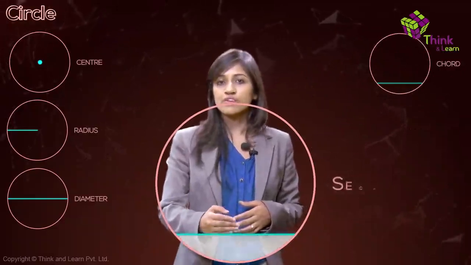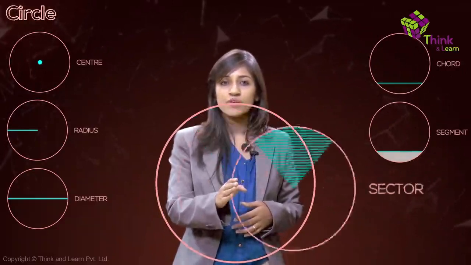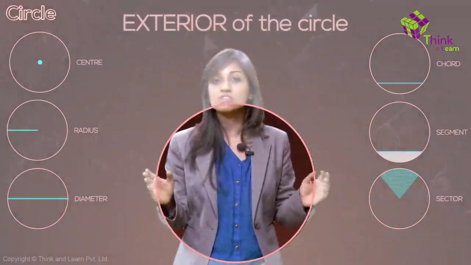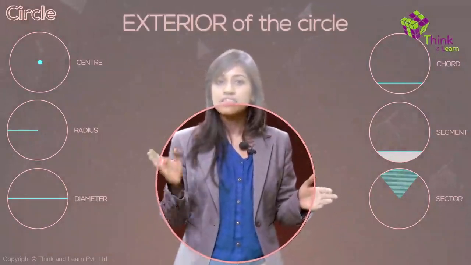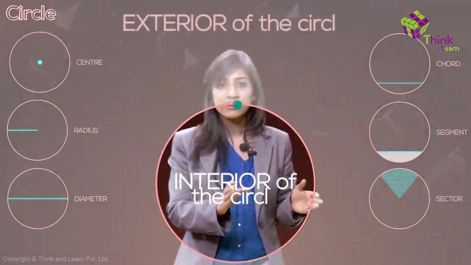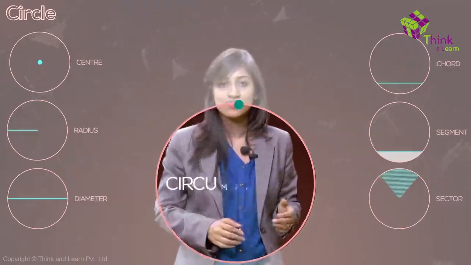This region is a segment, right? This is a sector. Whatever is outside the circle is the exterior of the circle because it's outside. And this is the interior because it's inside. And finally, this is the circumference.